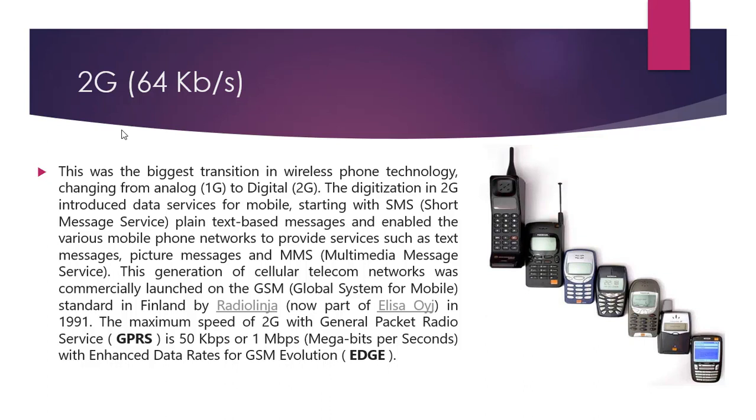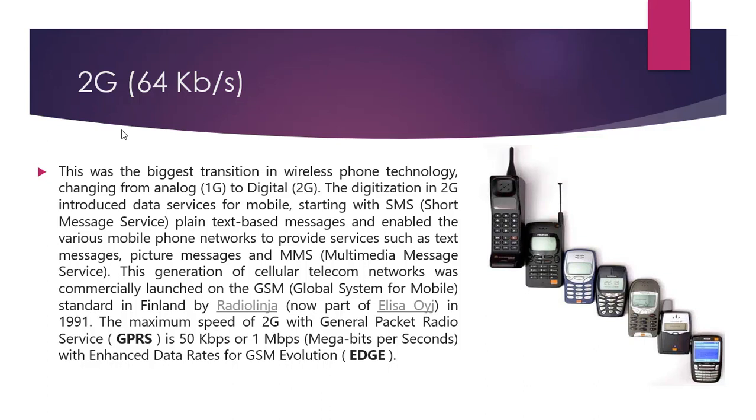and enabled the various mobile phone networks to provide services such as text messaging, picture messages, and MMS, multimedia message service. This generation of cellular telecom network was commercially launched on GSM, Global System for Mobile standard, in Finland by Radiolinja in 1991.